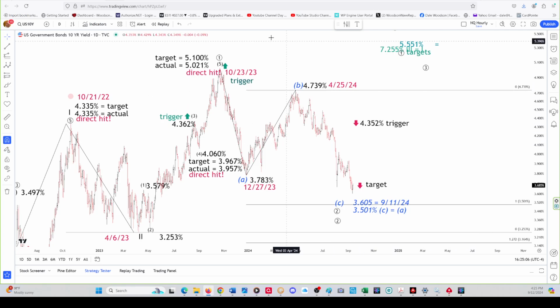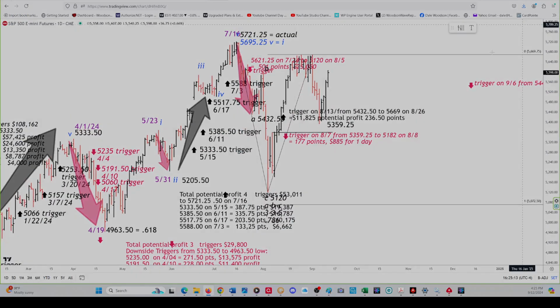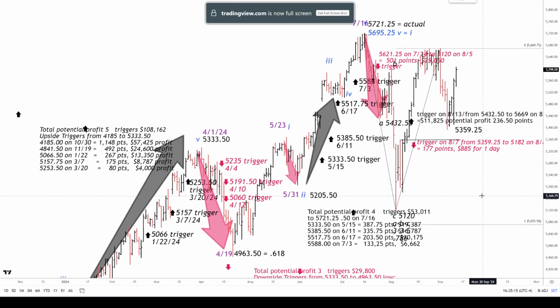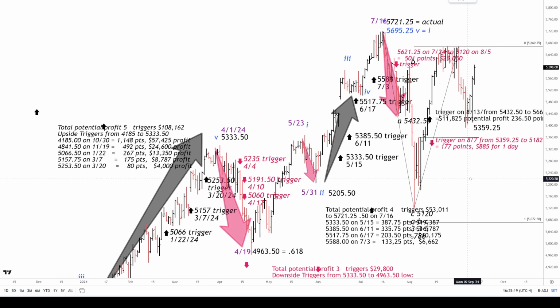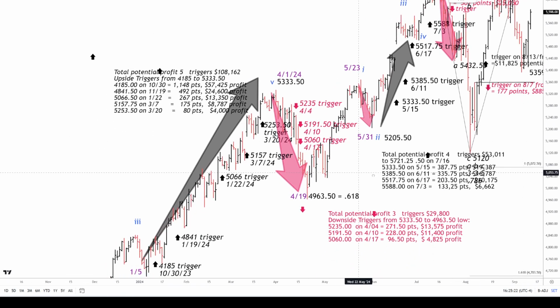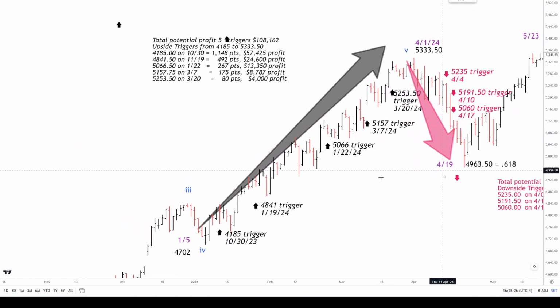I want to get into those triggers and targets. Let me see if I've got that. This is so crowded. Anyway, we had our triggers and targets upside here. I can back out of that. Just a quick review. By the way, I want to stress these are potential profits.